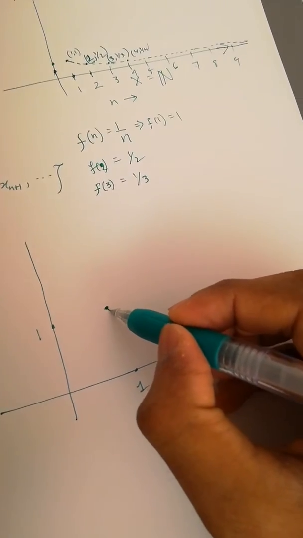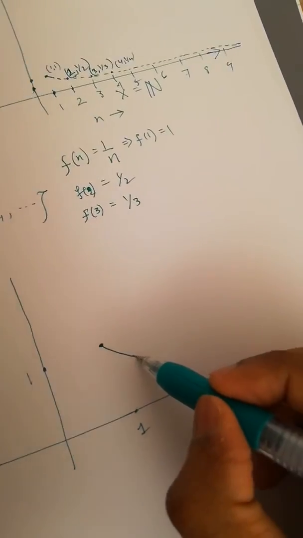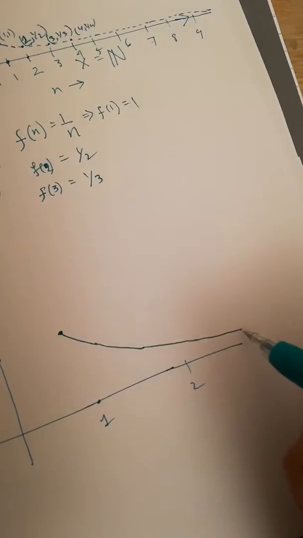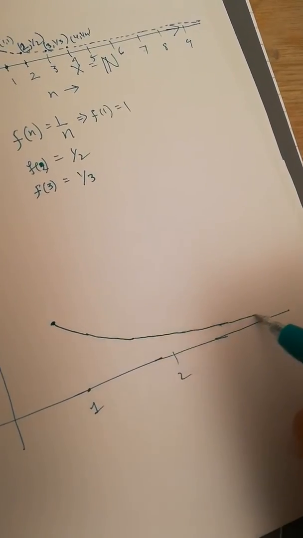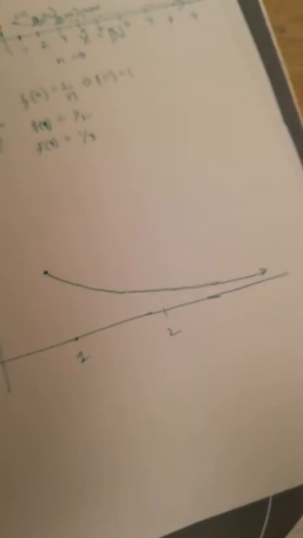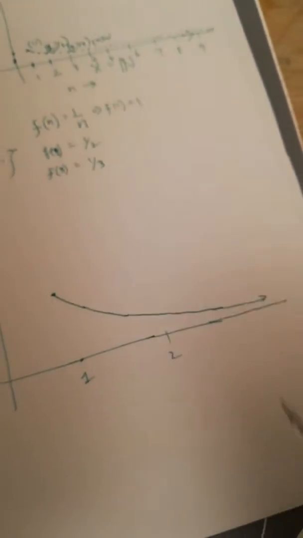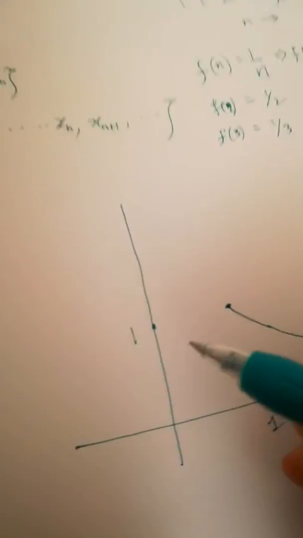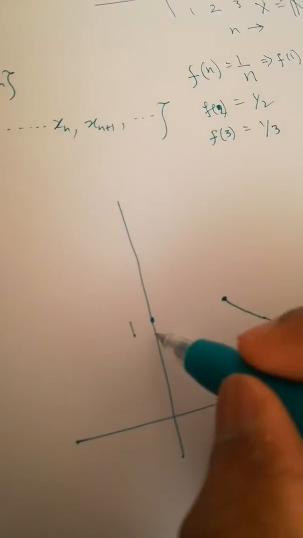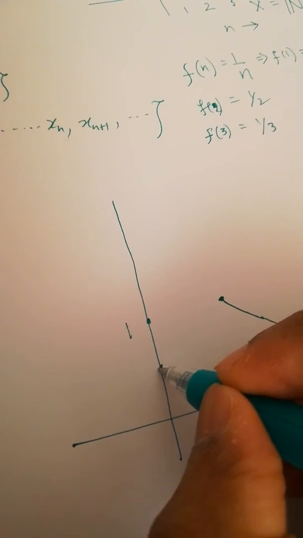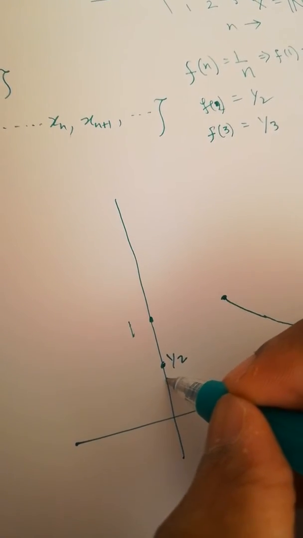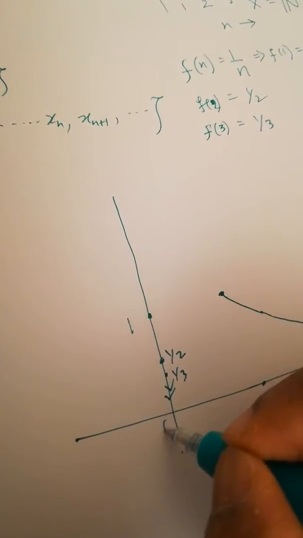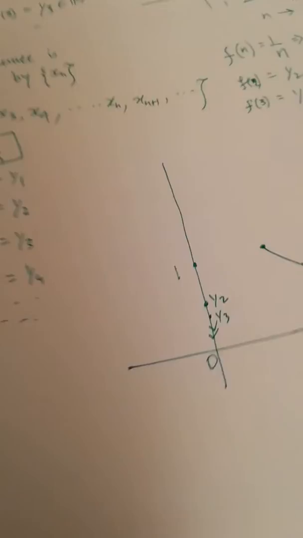So 1 comma 1 and then half, so when n increases, the value decreases, right? If you think only of the values, it will be half, then 1 by 3, so it is coming towards 0.